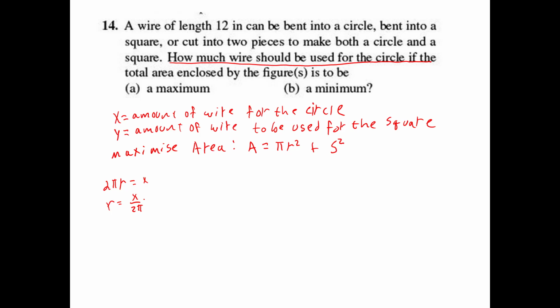Likewise, for the square, 4 times s gives me the perimeter of the square, how much wire I have on the square, but that's what I'm using, that's a y, right? And so then I get that s is equal to y over 4.